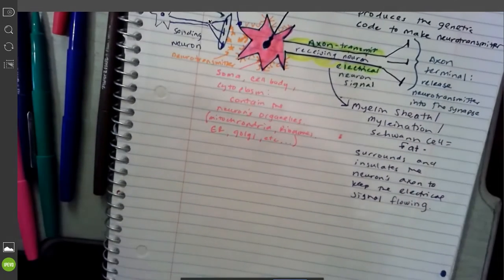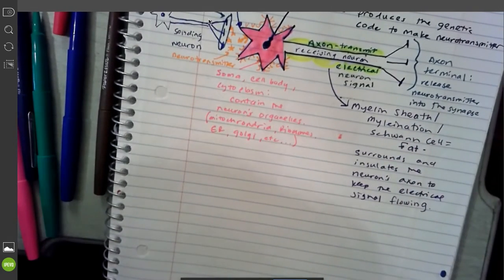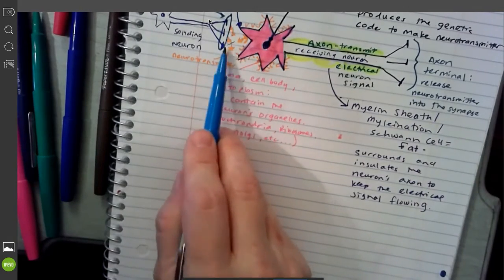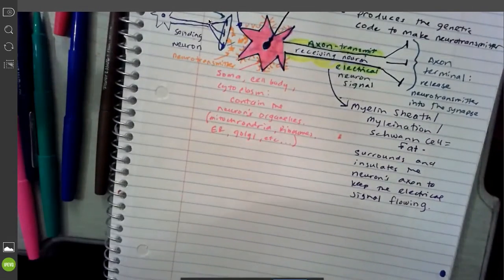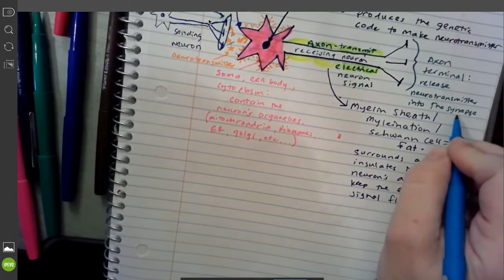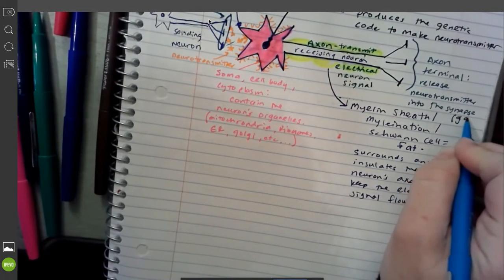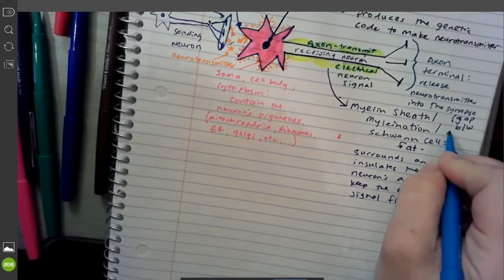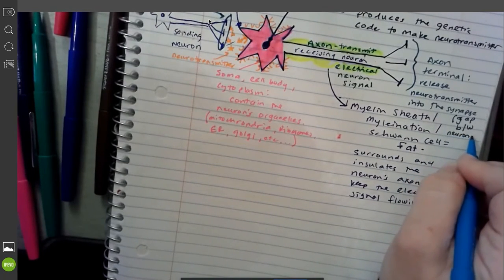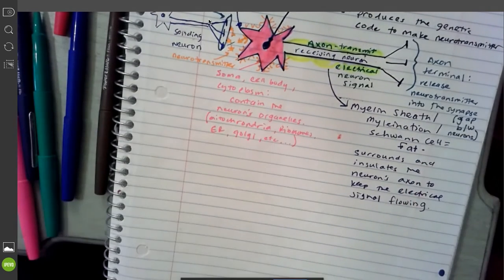What is a synapse, you might be asking? Synapse is easy. It's just the space between neurons, because I told you guys they don't touch. So that gap between them is a synapse. So I'm just going to put that right here. It's the gap between neurons. All right, last thing.